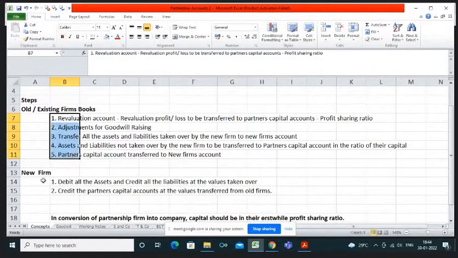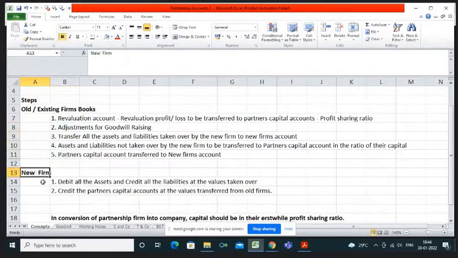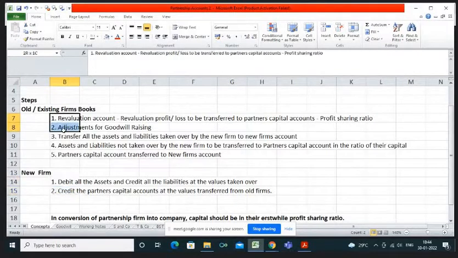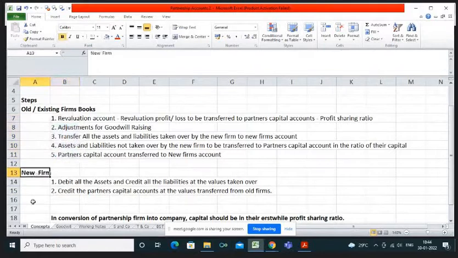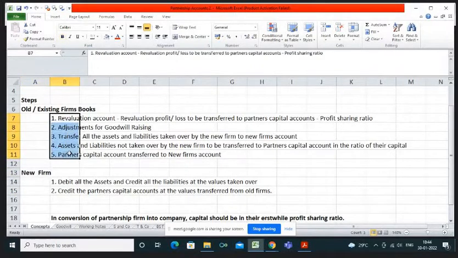You need not worry about the adjustments to be done in the new firm's books. At that time, this will be part of your answer. If the question is from the point of view of the new firm, all these steps will be part of the working notes. So now we'll start with illustration number 1.